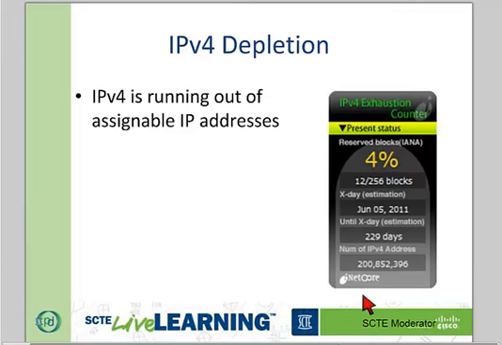Well, considering that we're in North America, the American Registry for Internet Numbers supplies IPs to all of the North American cable operators and MSOs. If they go to ARIN and say, hey, we need some more IPs, ARIN goes back to IANA and says, I need some too. Sorry, we're out.